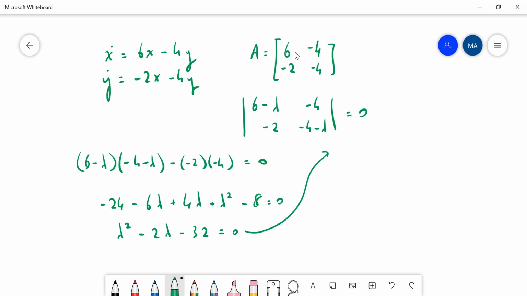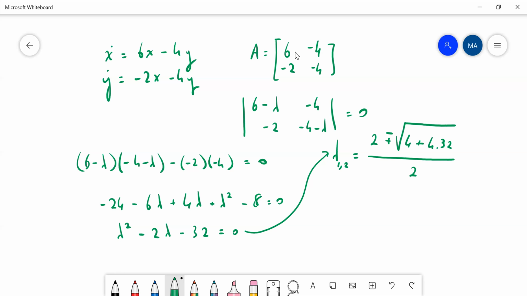So you have lambda 1, lambda 2 equals 2 plus or minus the square root of 4 minus 4 times 32, divided by 2, right? So as you realize, your roots are complex, right? Because this is negative. No, wait. This must be positive because it is 4 times A times C, and your C is positive.